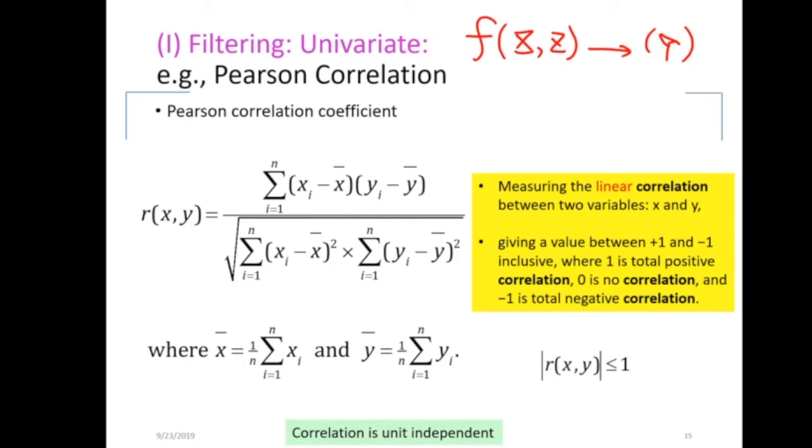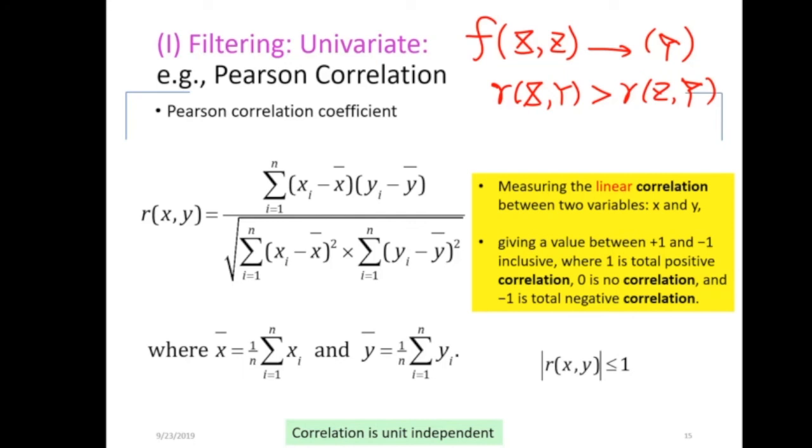Then I calculate the correlation of X and Y, and also of Z and Y. If the correlation of X and Y is larger than the correlation of Z and Y, and I can only train a model with one feature, I'm going to get rid of the Z feature, because the correlation of X and Y is higher than that of Z and Y.